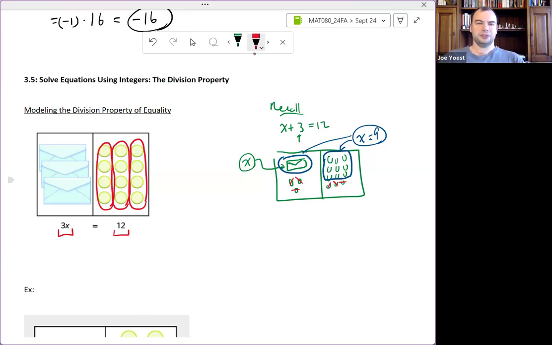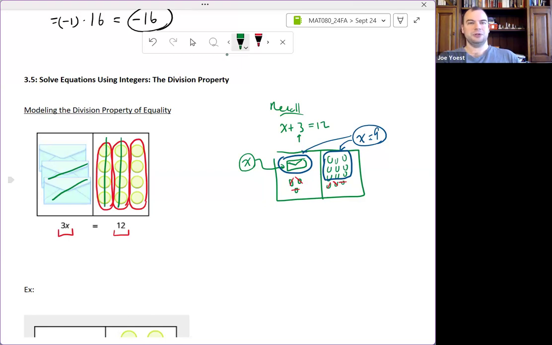If I have 3 equal sized groups of counters on the right hand side and 3 envelopes where each envelope contains the same number of counters as any other envelope on the left hand side, then I should be able to get rid of 1 group of counters and 1 envelope, or get rid of a second group of counters and a second envelope.